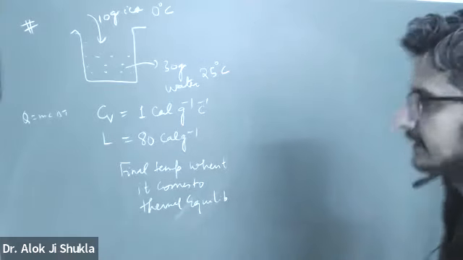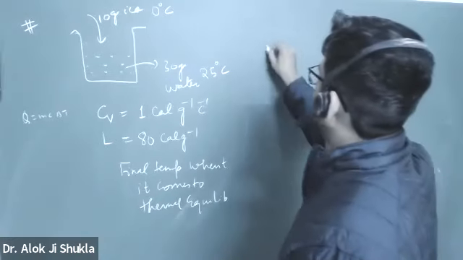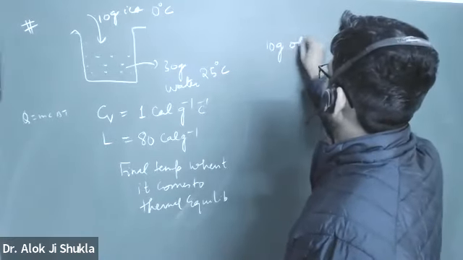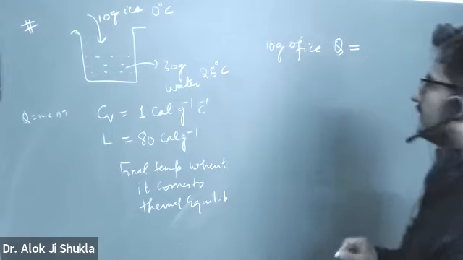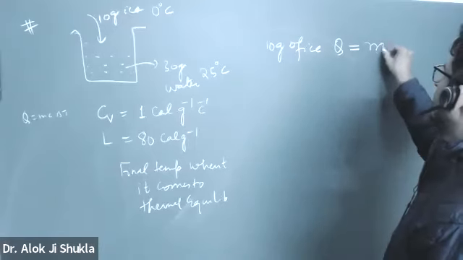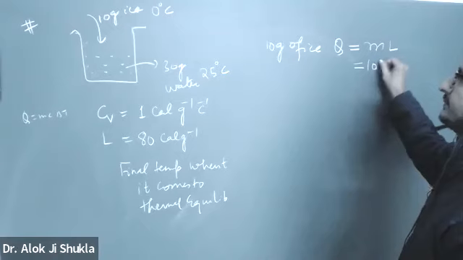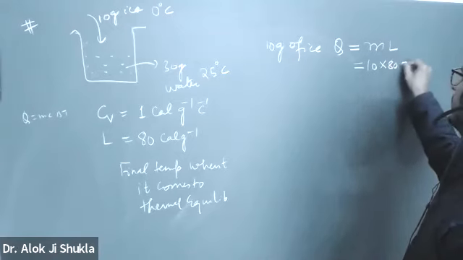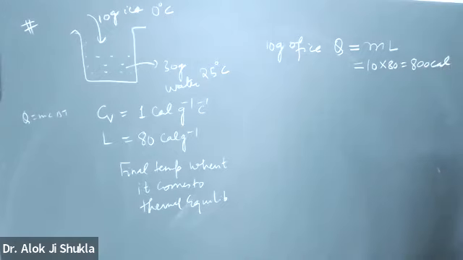Please understand this. 10 gram of ice will require heat to melt. That will be Q is equal to ml, and that is 10 into 80. So 800 calorie heat is required to melt the ice.